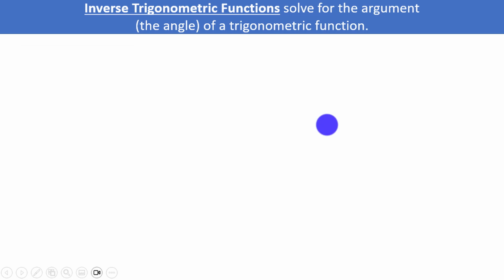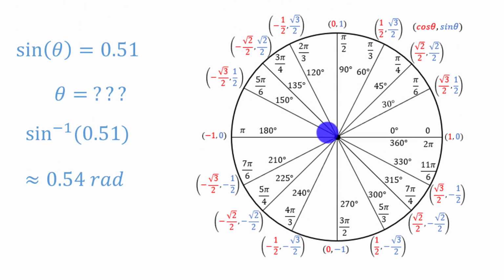Going back to that picture from before, negative pi over 2 would be down in the fourth quadrant, and pi over 2 would be up here. So we're really talking about the fourth and the first quadrants. What is the angle that gives us some particular y value in either the first or the fourth quadrant?